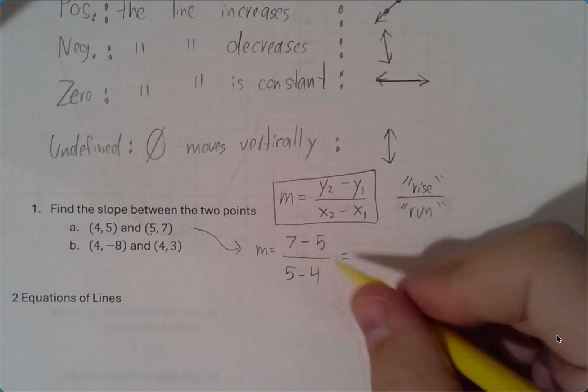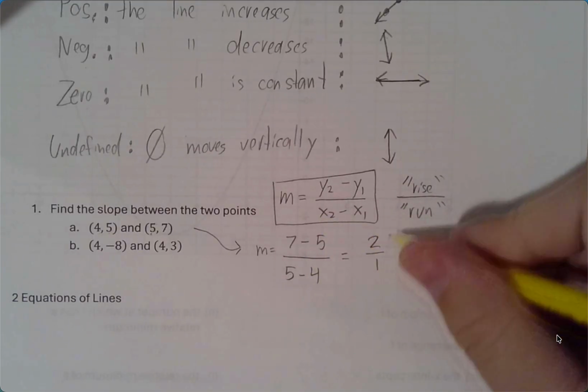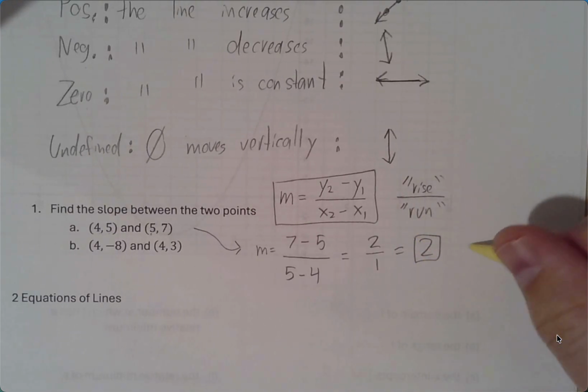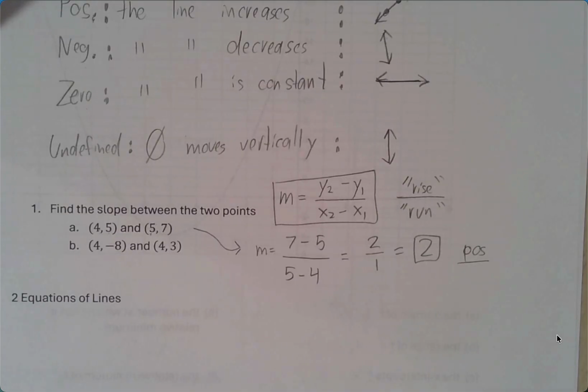To work this out, we're just going to do simple subtraction. That's going to be 2 over 1, and thankfully 2 over 1 simplifies to 2. And so this is definitely a positive slope. We'll look at what that means on a graph later, but for now, can I identify what the slope is?